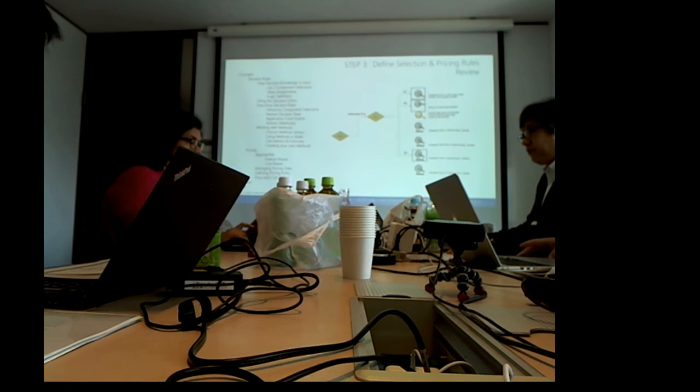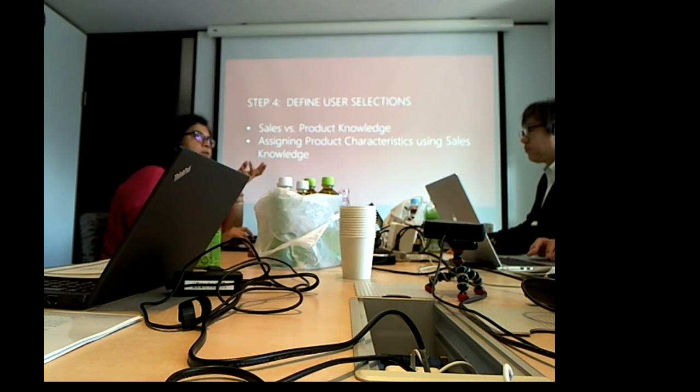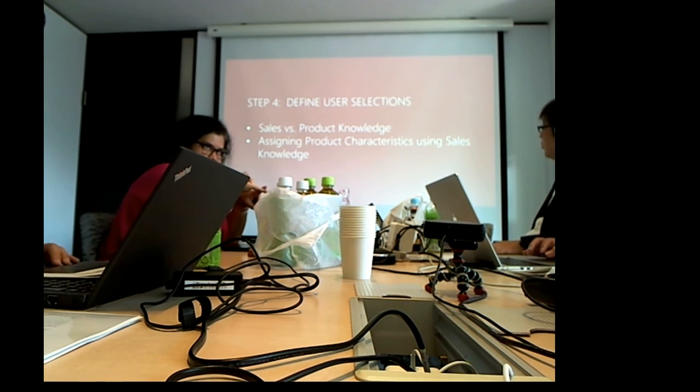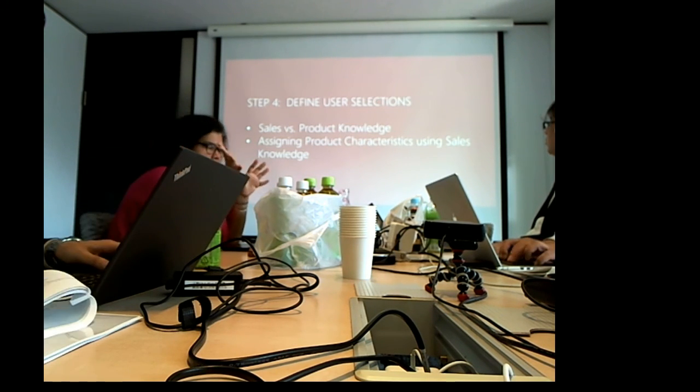Today we're going to have a look at how to define user selection. You remember I told you in Solution Configurator there are two types of rules that you can write. One is decision rules. With decision rule, you assign values, you return results, you perform actions, you do calculations, you duplicate logic, you set values to things.